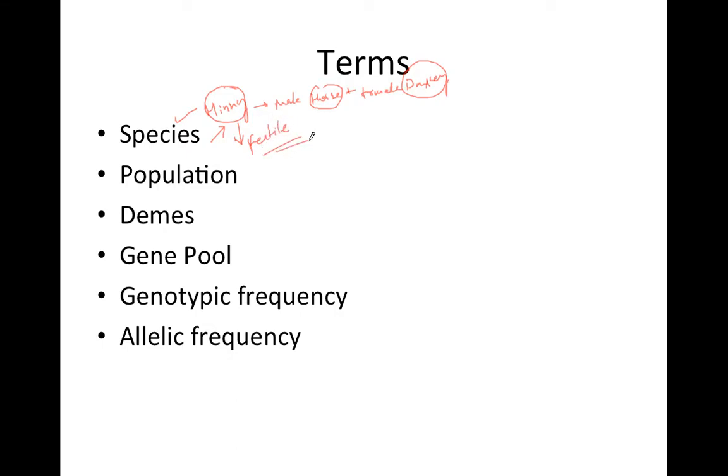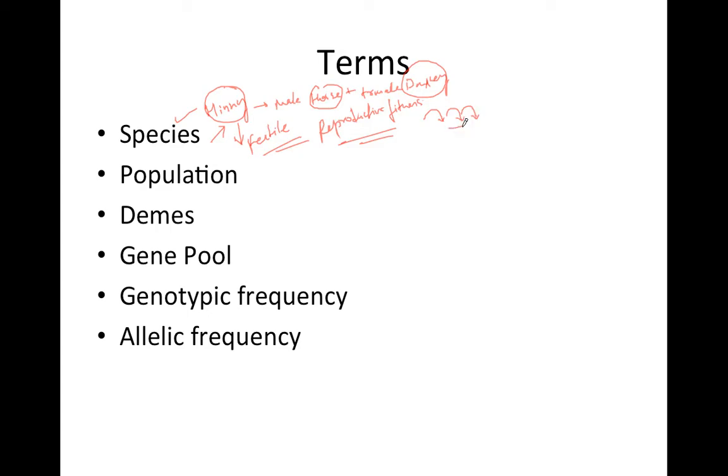In terms of evolution, we call it as reproductive fitness. Okay, so a group of organisms which can interbreed and produce an offspring, and that offspring can produce subsequent generation, that subsequent generation can produce a fertile offspring.